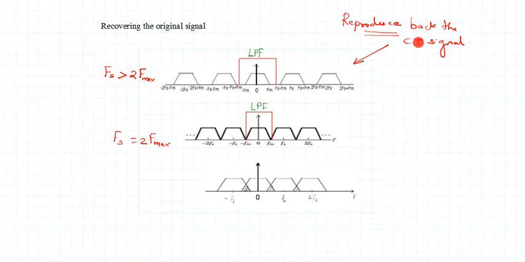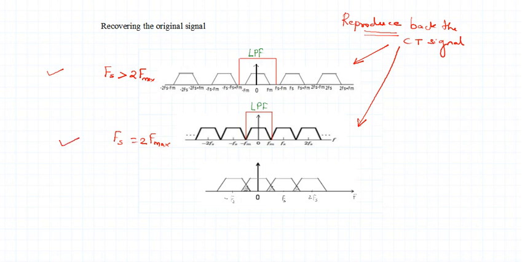So in the second case also, I am able to reproduce my CT signal as per the sampling theorem. In both these cases I have satisfied the sampling theorem, right? And that's why I'm able to reproduce my CT signal.